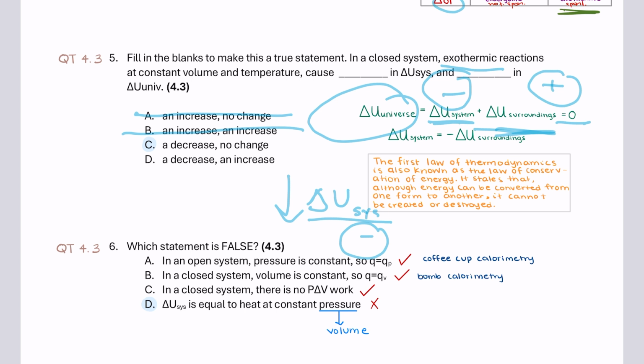Therefore, delta U of the universe does not change. So putting it all together, delta U of the system decreases and delta U of the universe shows no change. That matches answer choice C.